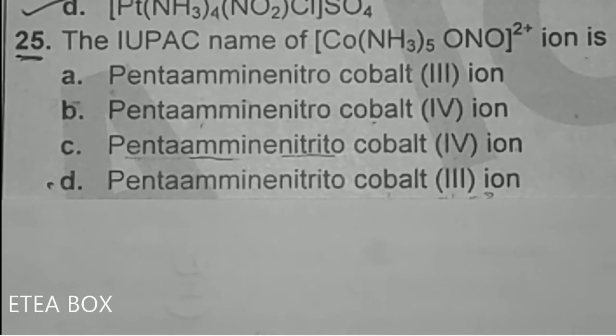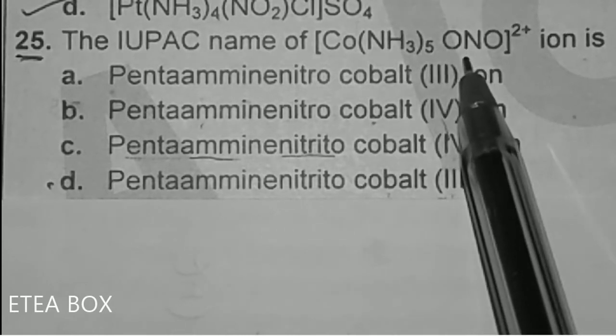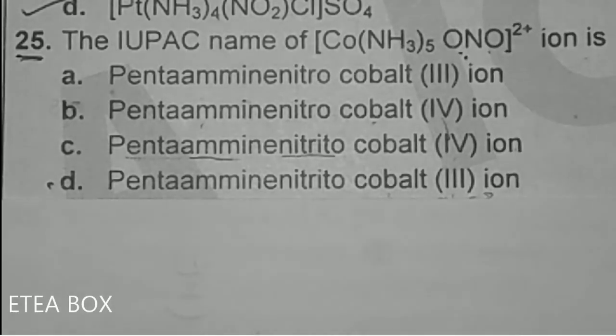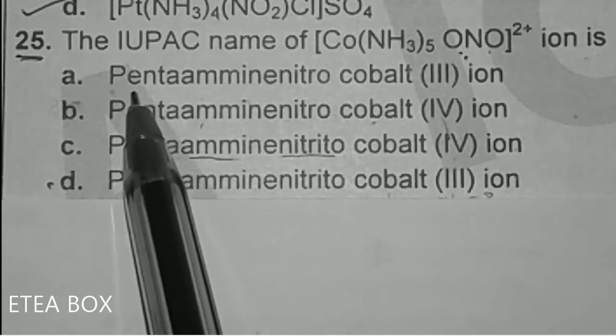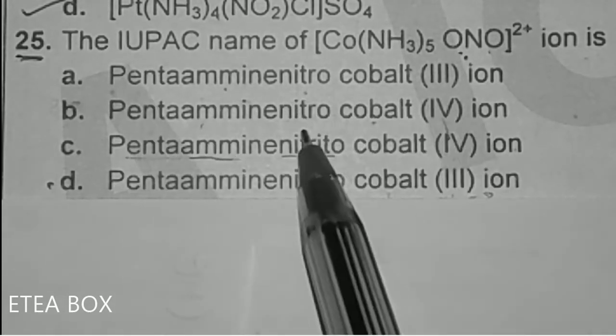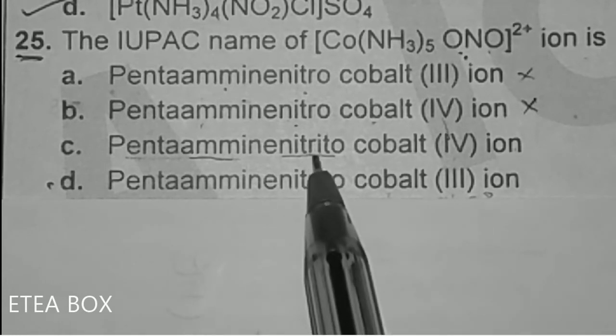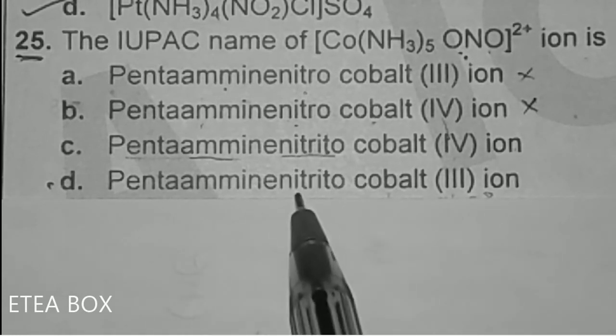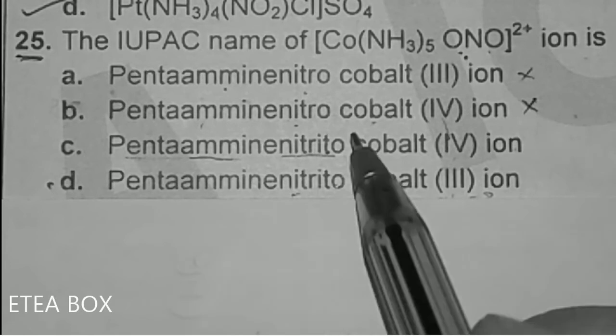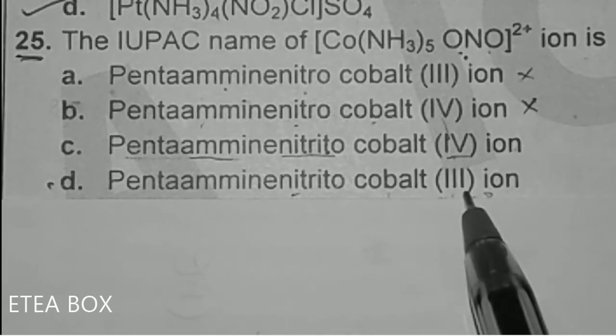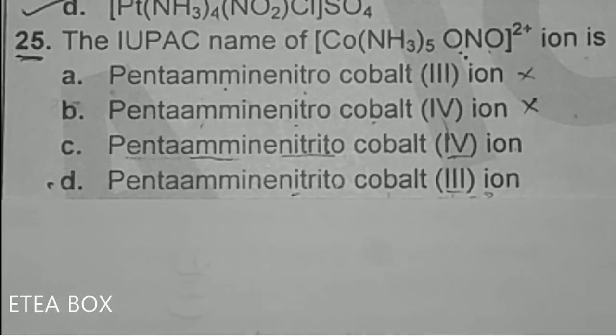The IUPAC name of this: now look here, ONO is called nitrito. Look, pentaamine nitro, this one is also nitro, it means that these are incorrect. Let's see these two. Nitrito, and this one is also nitrito. Cobalt: here the oxidation state is 4 and here it is 3. Let's find the oxidation state.